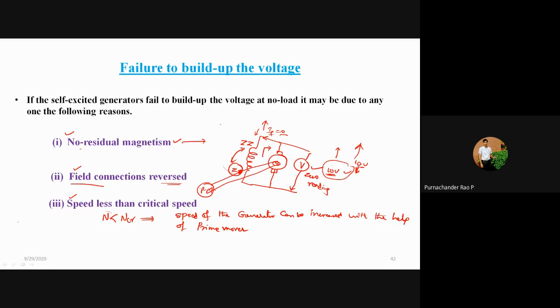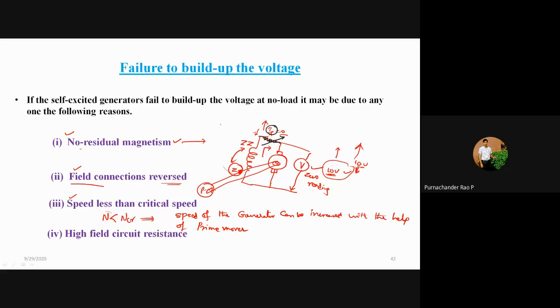And the next one is high field circuit resistance. Here, just assume that you are keeping a rheostat in this position, and this is varied to vary the field current.